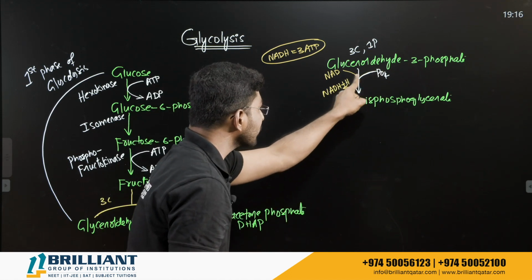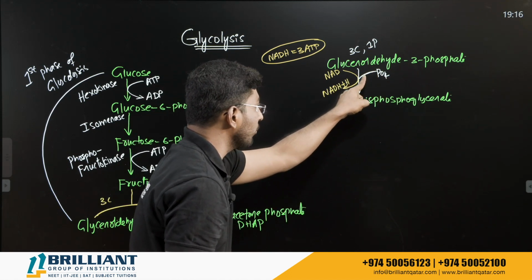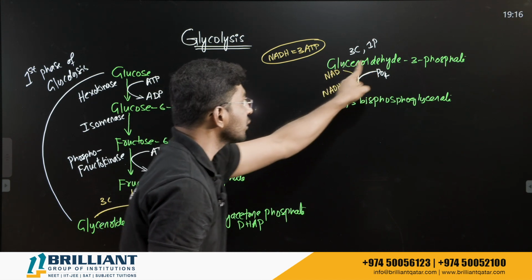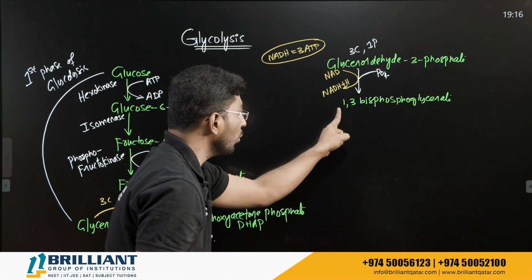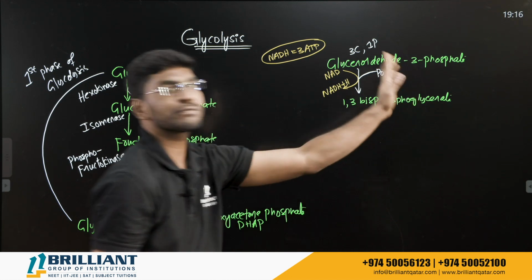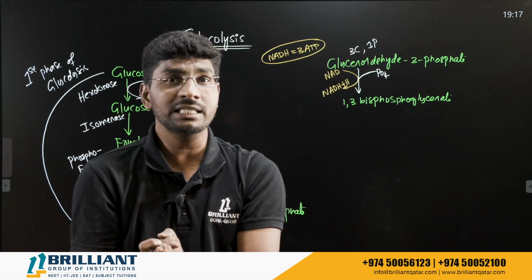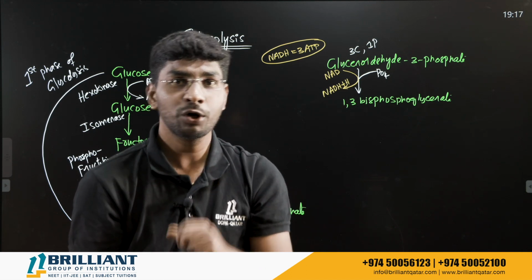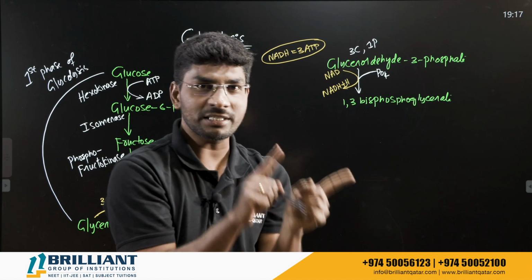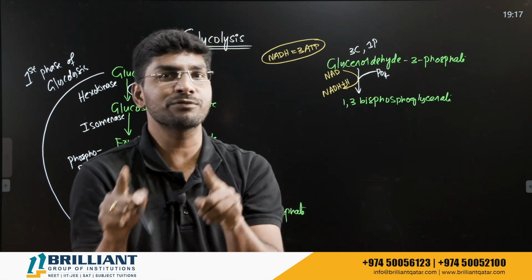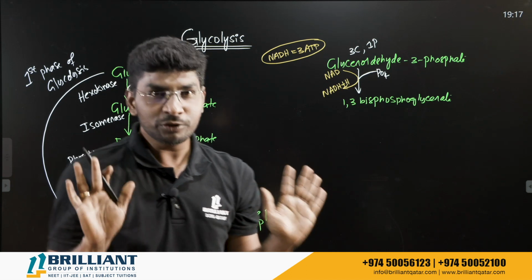Again it takes inorganic phosphate from PO4, which comes on the first carbon, so it converts into 1,3-bisphosphoglycerate. Now tell me, student, how many phosphates? 2 phosphates, right? One on the first carbon, one on the third carbon. That's why we call it 1,3-bisphosphoglycerate.